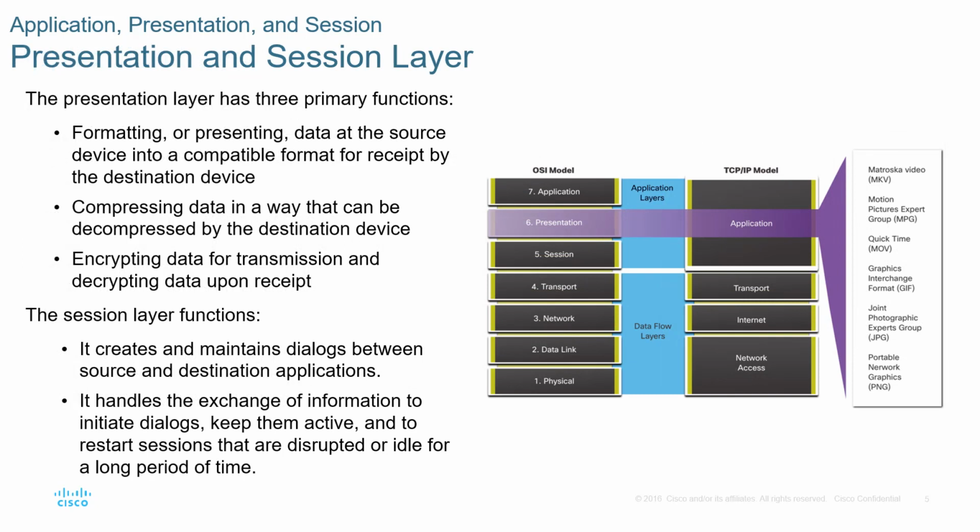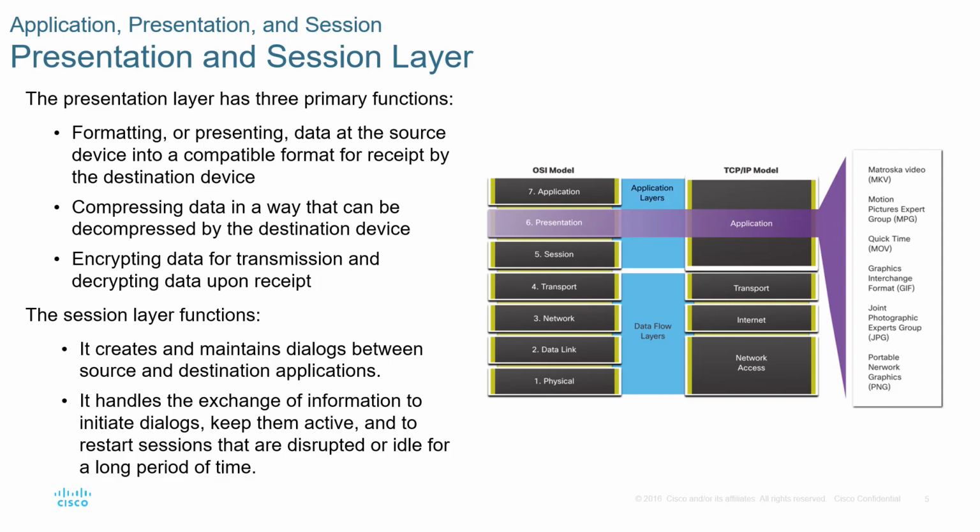If we're looking at the presentation and session layers, again, these still make up the application layer of both the OSI and the TCP/IP models. The presentation layer deals with the formatting and presenting of the data at the source device, and it ensures it's in a compatible format. Essentially, this is what's going to be building out the extensions.